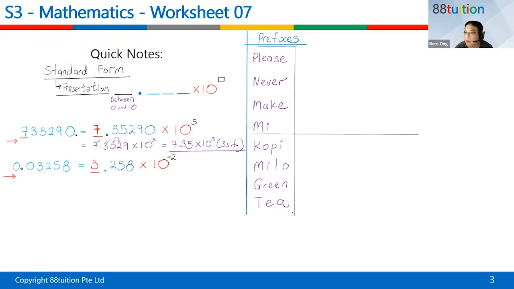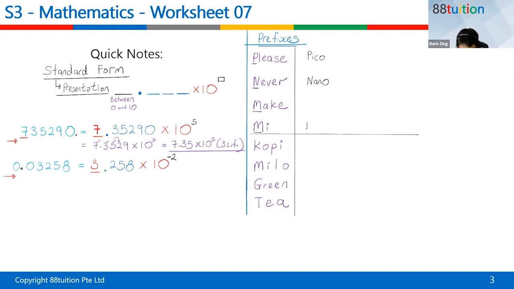So you look at the first alphabet of everything. P stands for pico. N stands for nano. M, this one I forgot already.